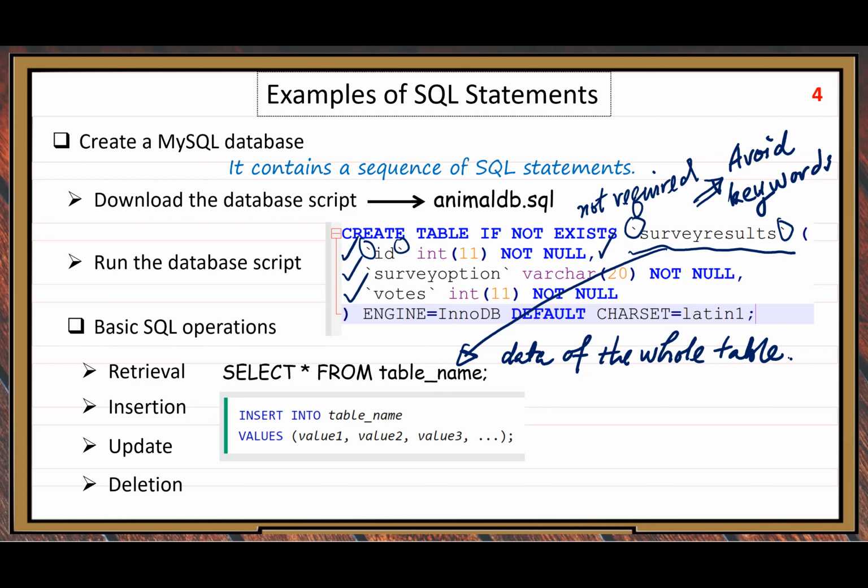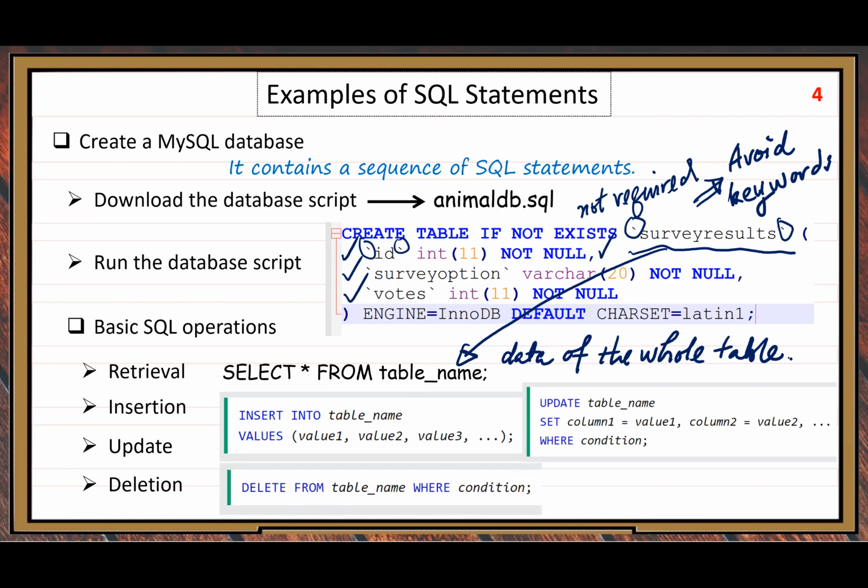At this point, we just look at the syntax, the format. All right, insertion, insert. Update, the format like this. So you can update, change any field value in this way, one by one. And delete like this.